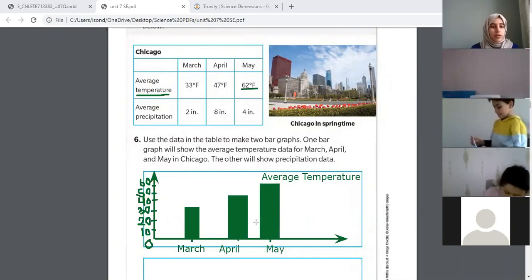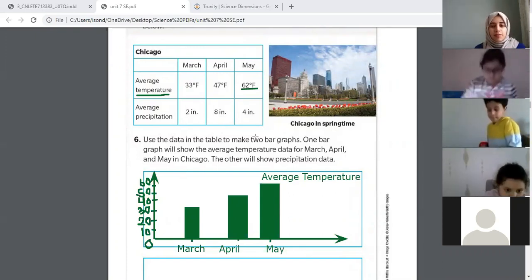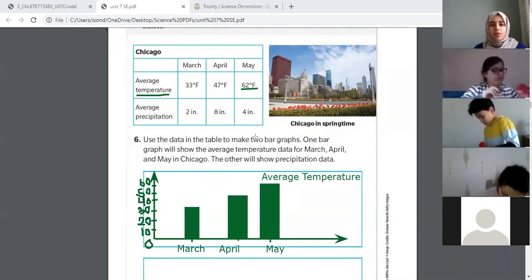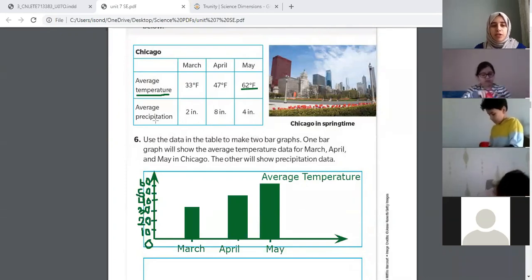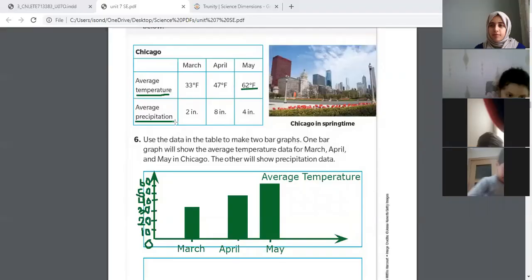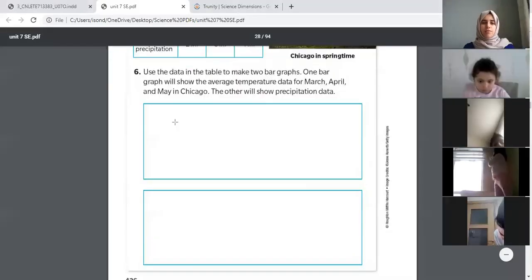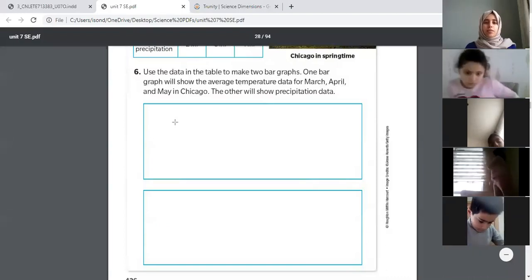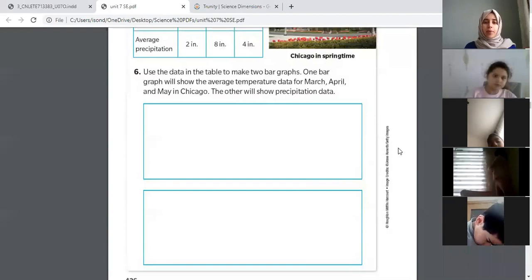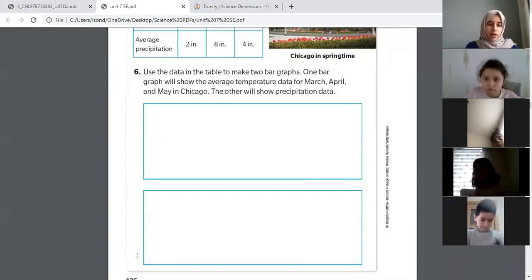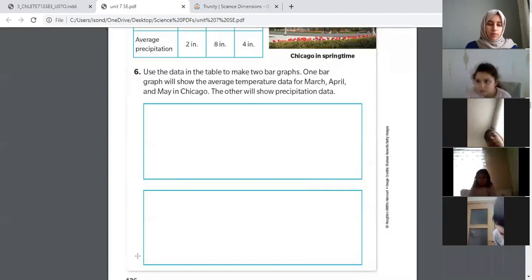I'm going to give you a second to draw your bar graphs, and then we're going to do another bar graph for the average precipitation. The second bar graph is going to be under the title average precipitation. So we are going to compare the average precipitation or the amount of rain each month had. So I'm going to draw another bar graph here.